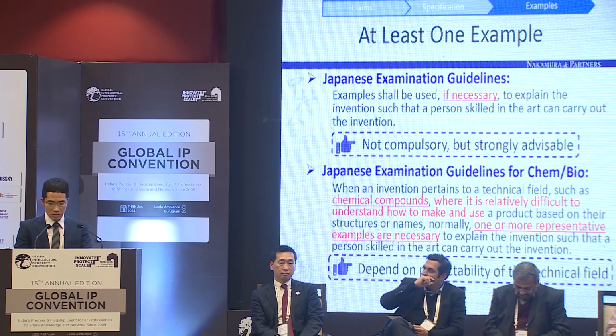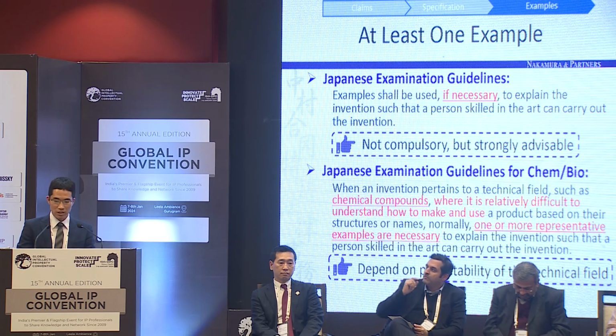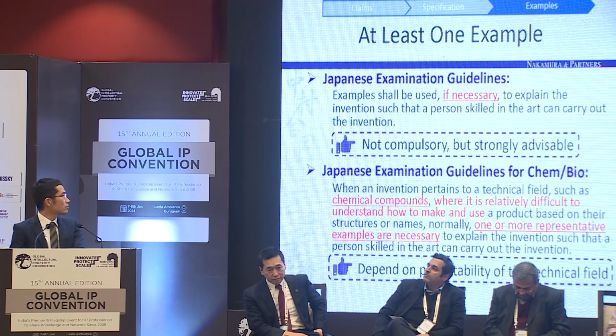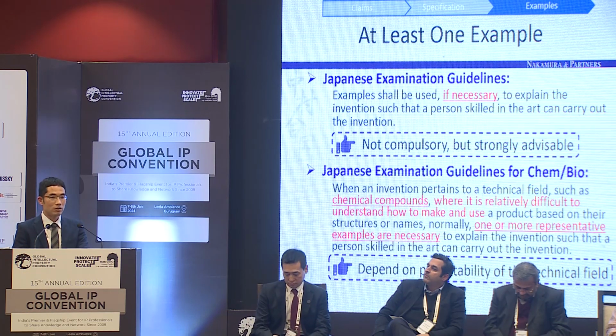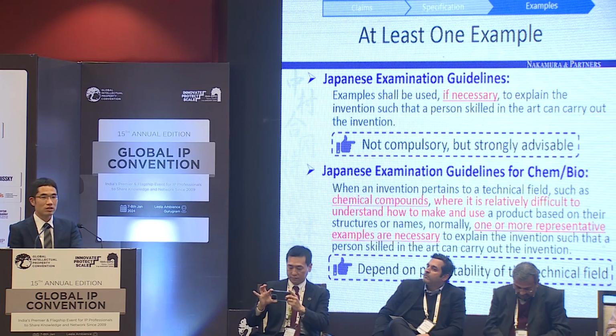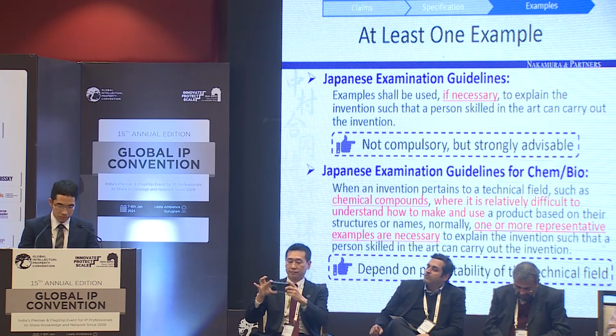Japanese examination guidelines also state that when an invention pertains to a technical field such as chemical compounds, where it is relatively difficult to understand how to make and use, normally one or more representative examples are necessary.